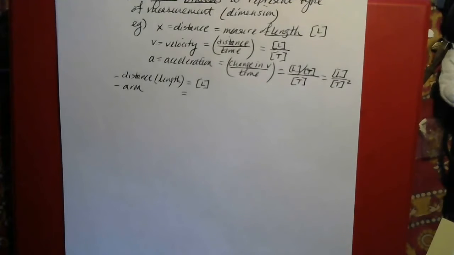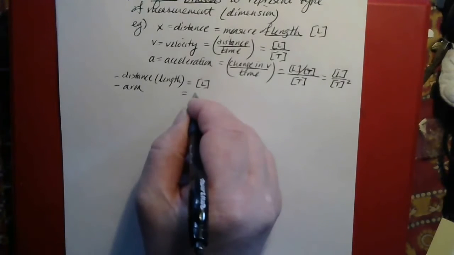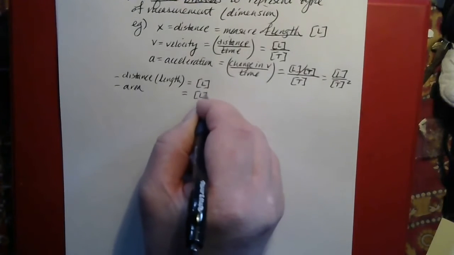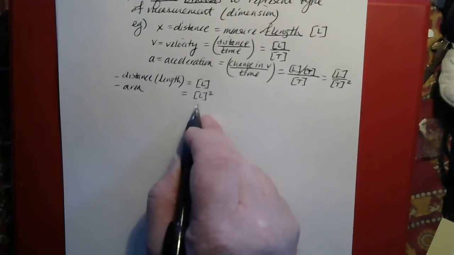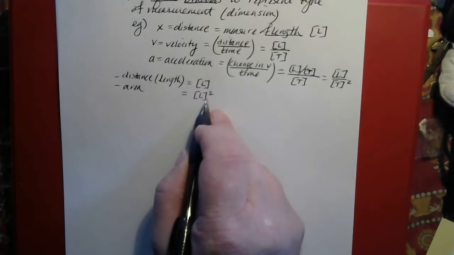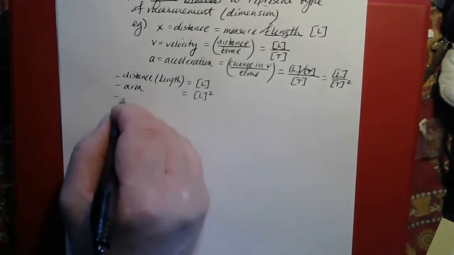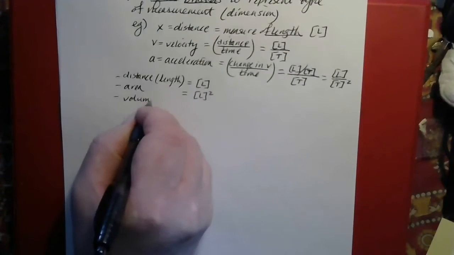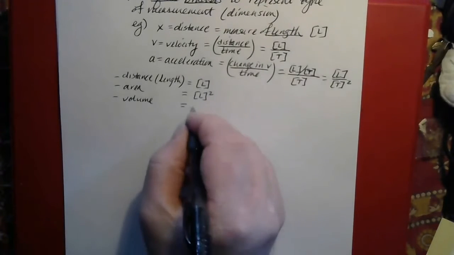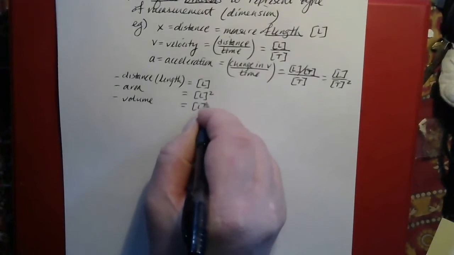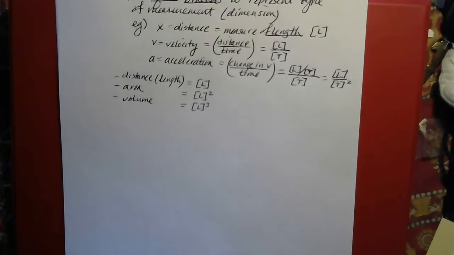And both of those are measurements of L, or length. So the dimensional representation for area would be L squared. And volume is treated as if it were length times width times height, and that's L to the third power.